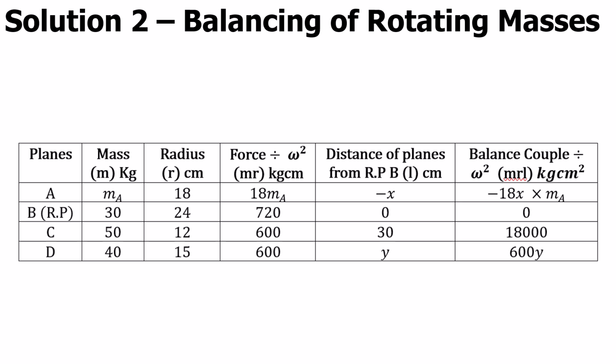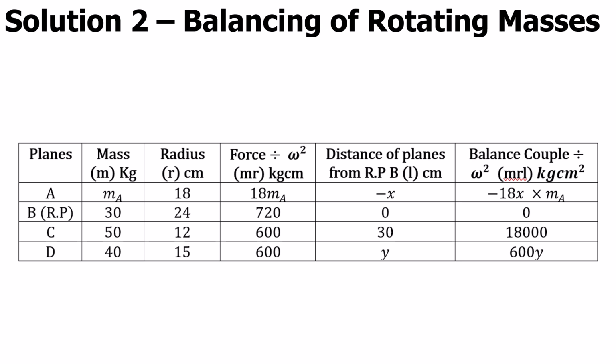So A is unknown, B is 30 at 24 centimeters from the reference plane. C is 50 kilograms at 12 centimeters, and D is 40 kilograms at 15 centimeters.